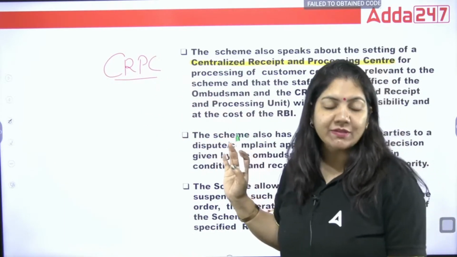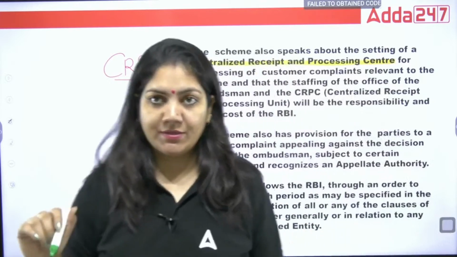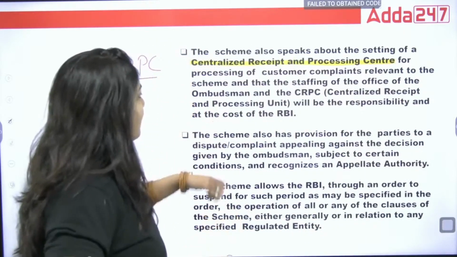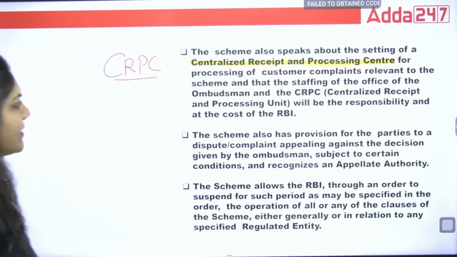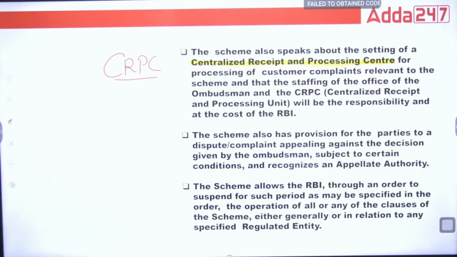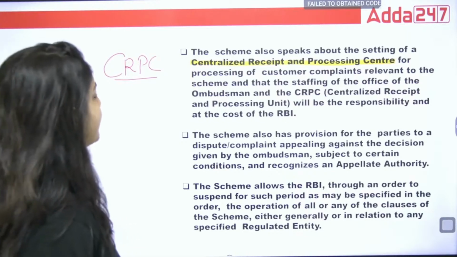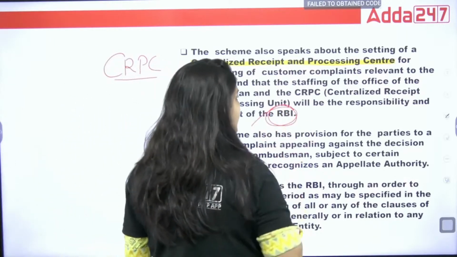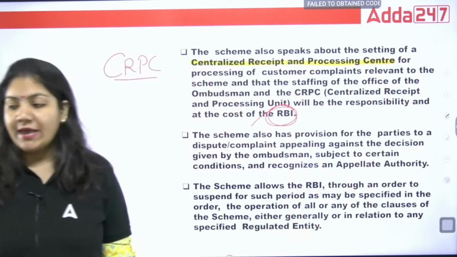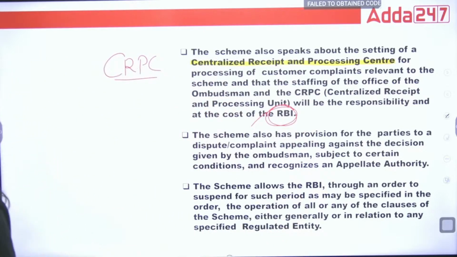It is for processing of customer complaints relevant to the scheme and the staffing of the office of the Ombudsman, and the CRPC will be the responsibility and at the cost of RBI. It means RBI has the power to organize the CRPC, and whatever cost is spent on the CRPC will be borne by RBI. That is important.